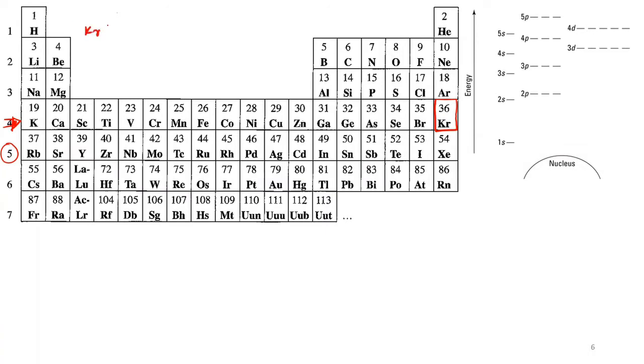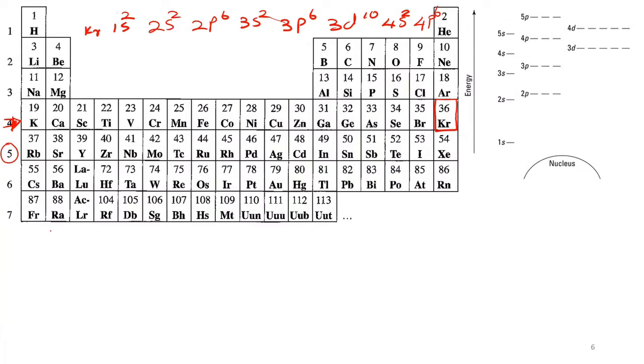Krypton electron configuration is 1s2, 2s2, 2p6, 3s2, 3p6, 3d10, 4s2, and 4p6. So that is the krypton electron configuration.